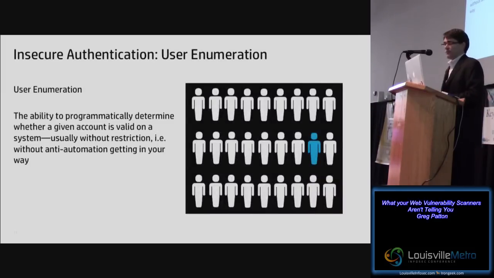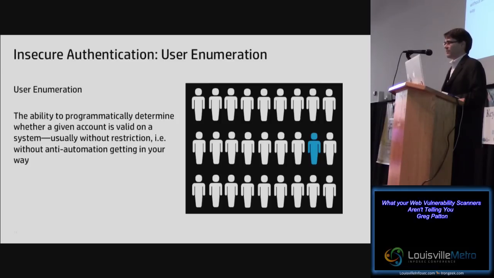Another common flaw we see in applications is user enumeration. User enumeration is when an attacker can determine whether a given username or email address exists in the system. We typically identify this through error messages that the application feeds back to us, like when we create a username account or use the forgot password page.